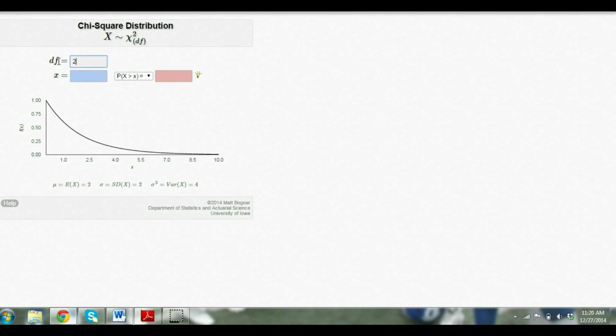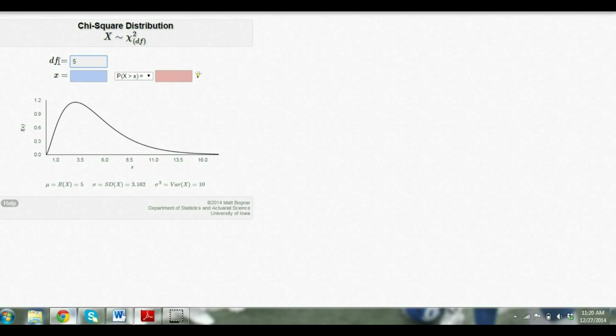I'll go into that calculation. It's fairly easy to do, but what you're going to see is as degrees of freedom increases, I have it set at 2 right now, the shape changes. And you'll notice it's not a symmetric distribution, it's a skewed distribution. So that's a little bit different than dealing with a z distribution.